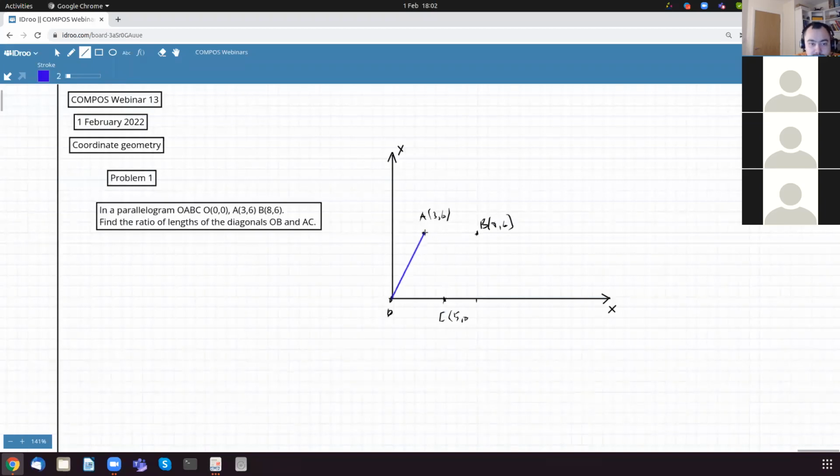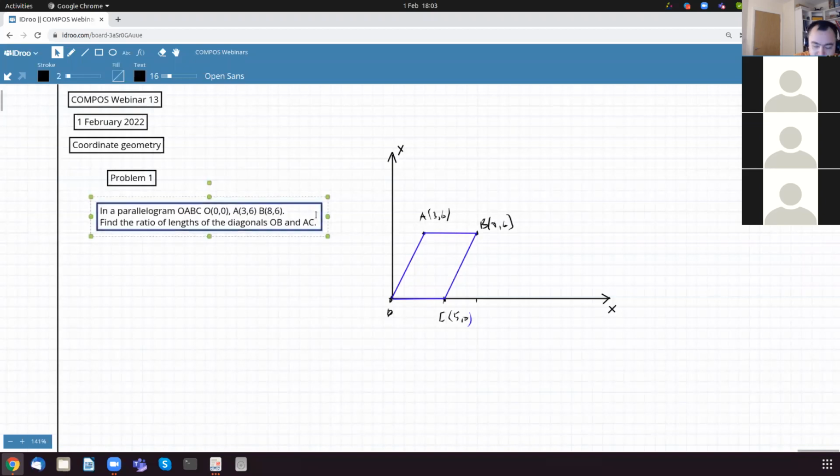Okay, so that was fairly simple to do. And now diagonals OB, and you know what? I'll ask another question.